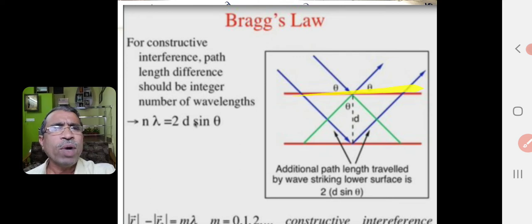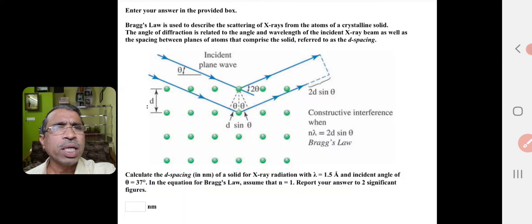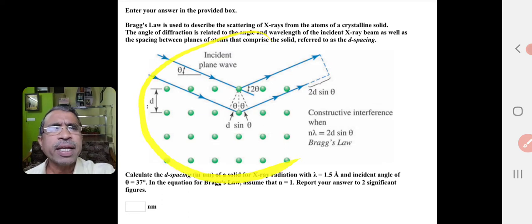This is plane 1. This is plane 2. This is the incident ray on plane 1 and the incident ray on plane 2. This is the extra distance it travels. This is nothing but n lambda, and that n lambda is nothing but 2d sine theta. The same thing is also given in another way in this diagram.